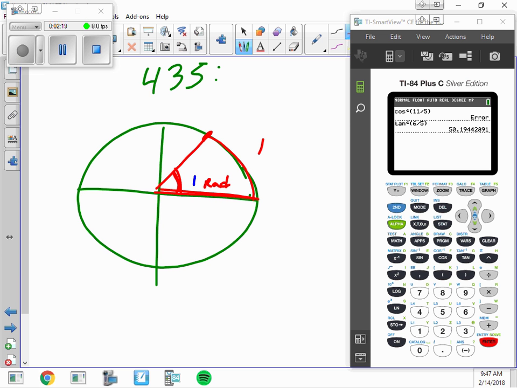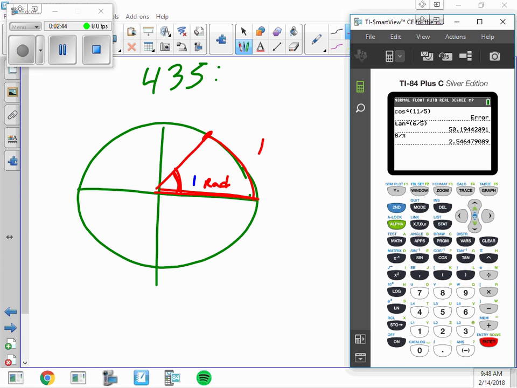We are only going to talk about radians in terms of pi. We're not going to say 8 radians. We would say whatever 8 divided by pi is. So instead of saying 8 radians, we would say 2.5 pi radians, because it's much easier to work with it in terms of pi.